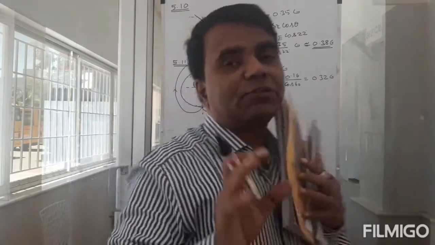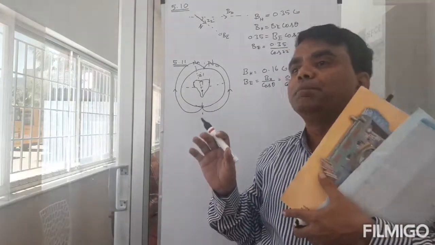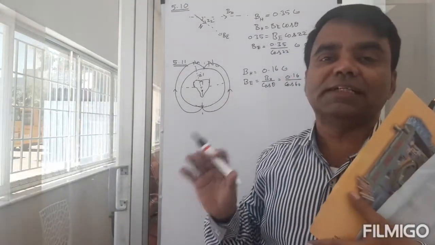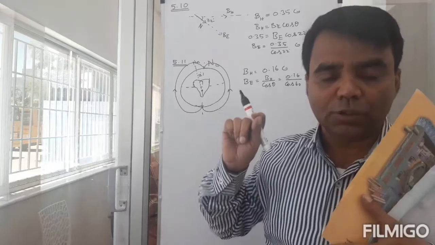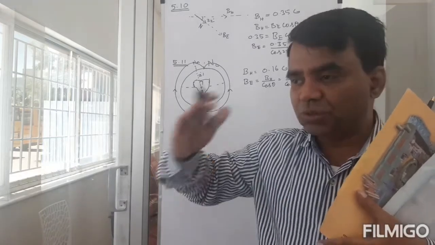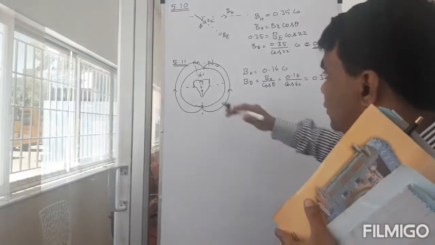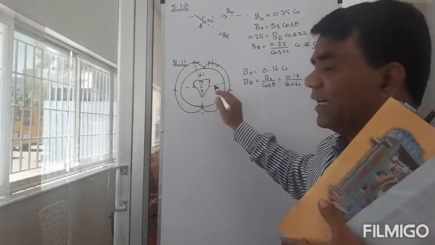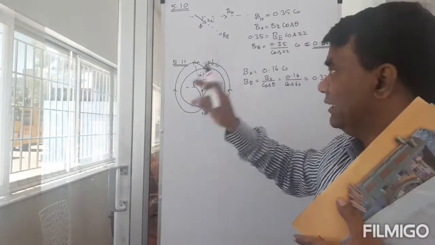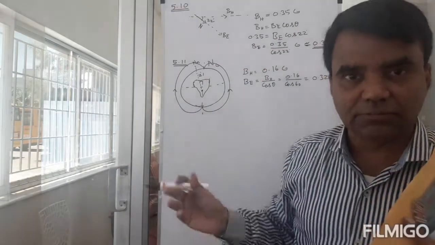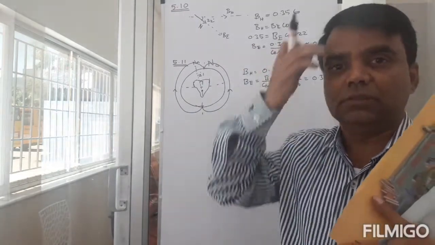So 0.32 Gauss is the strength of the Earth's magnetic field at that location in Africa, which is in the southern hemisphere. So you know that in Africa the equator and the other two lines will cross.